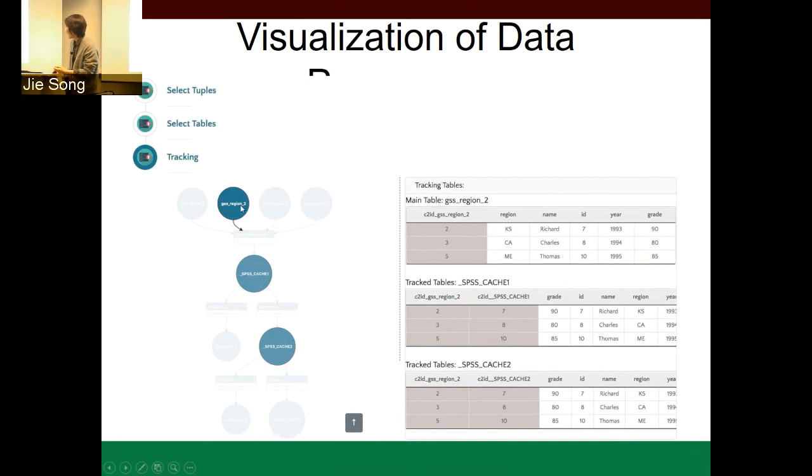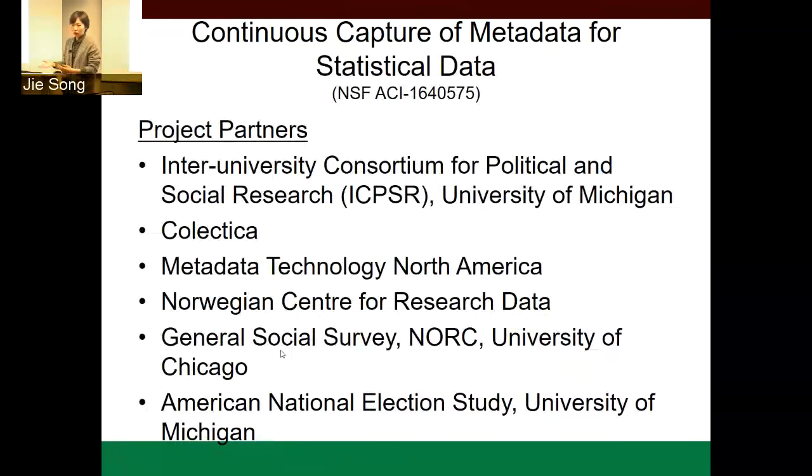This is the main table here, and we track that after this transformation it appears here, and we then track this intermediate table after another transformation.